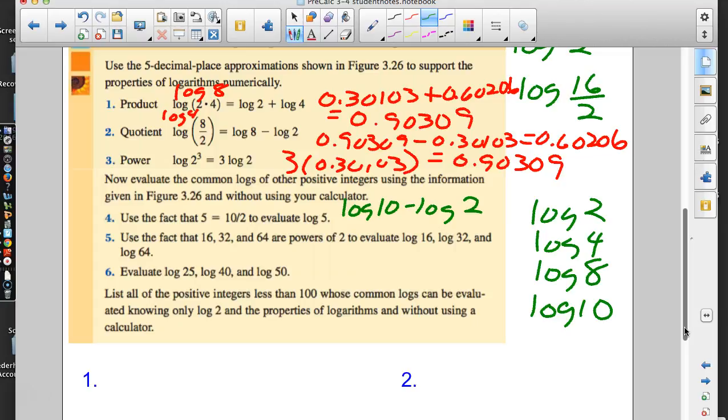This one says use the fact that 16, 32, and 64 are powers of 2. Well, that means we'd be using log of 2. How would we get log of 16 to be something we could use as log of 2? It is 2 to the 4th. So 4 log 2. How about log of 32? 2 to what power gives you 32?